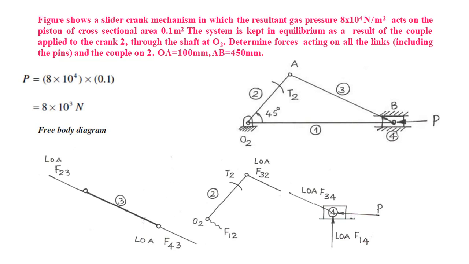First you have to draw the space diagram, and then using the space diagram you can draw the free body diagram for each link, same as you did in the last class. You can see the free body diagram below.